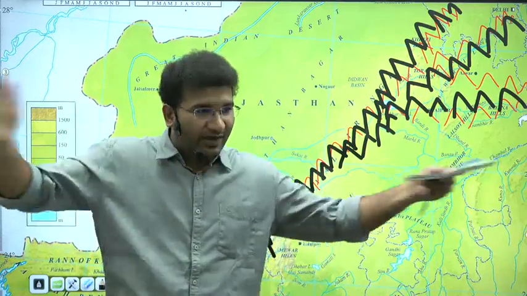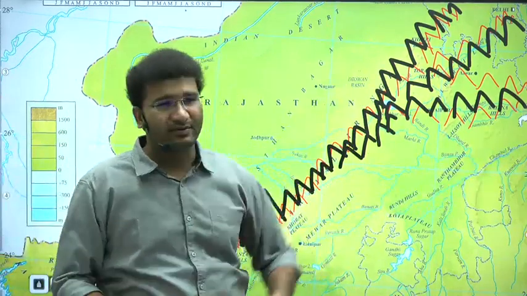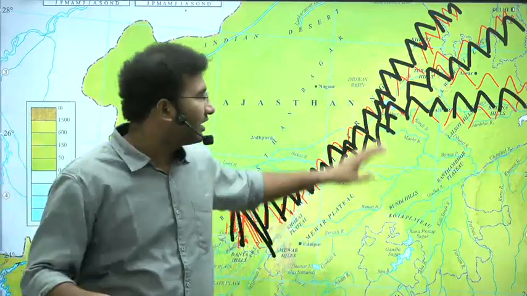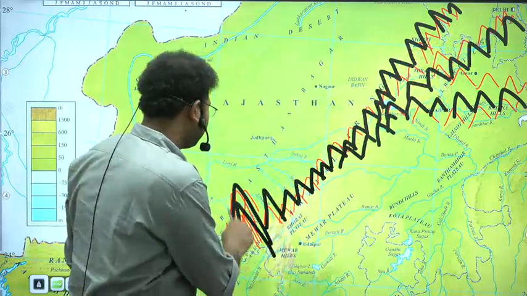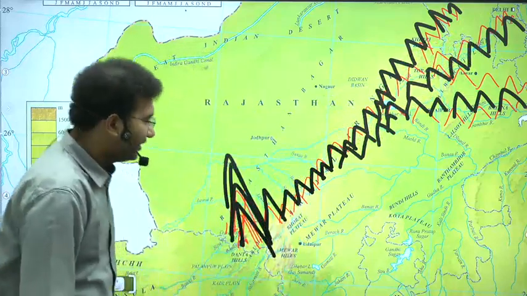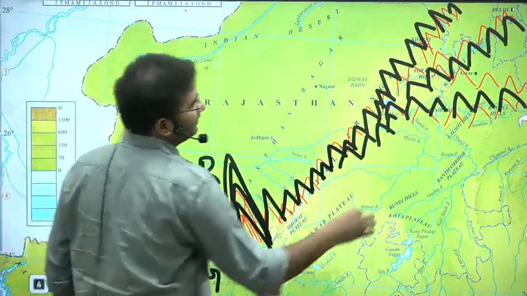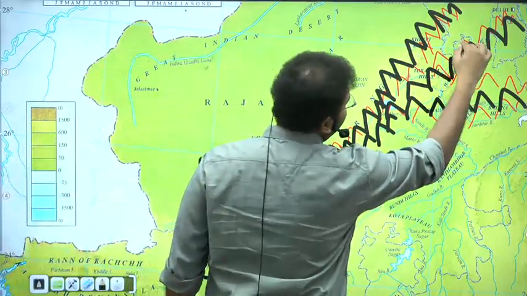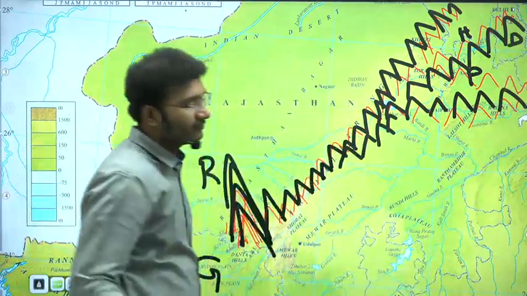So, the wider the plate, the more you crush, multiple foldings will take place. So, the Aravalli's shape is of this sort. And the height of the Aravalli is highest in the west, southwest. It is present in the states of Gujarat, Rajasthan, next Haryana, Punjab, and Delhi.